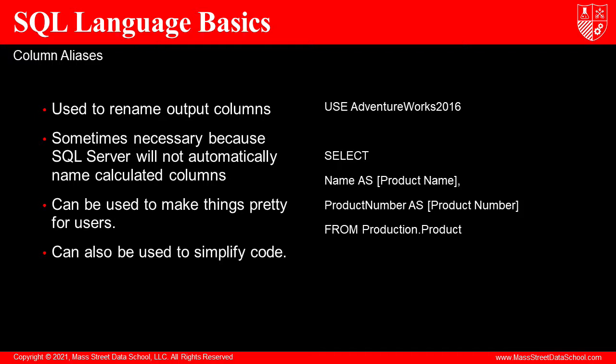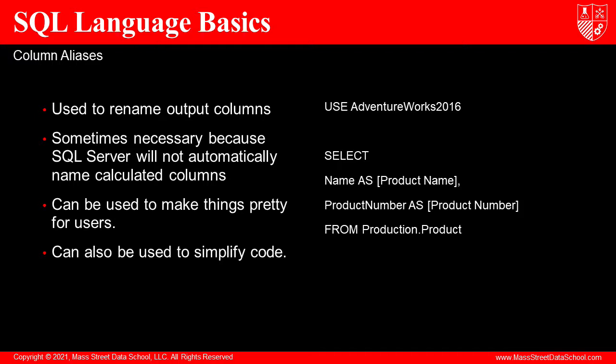There are a few different reasons you would want to rename a column. 1, when you create a column based on a calculation, SQL Server does not automatically give it a name. You have to do that. 2, when you are creating views for users, you do not want to use ugly database names.